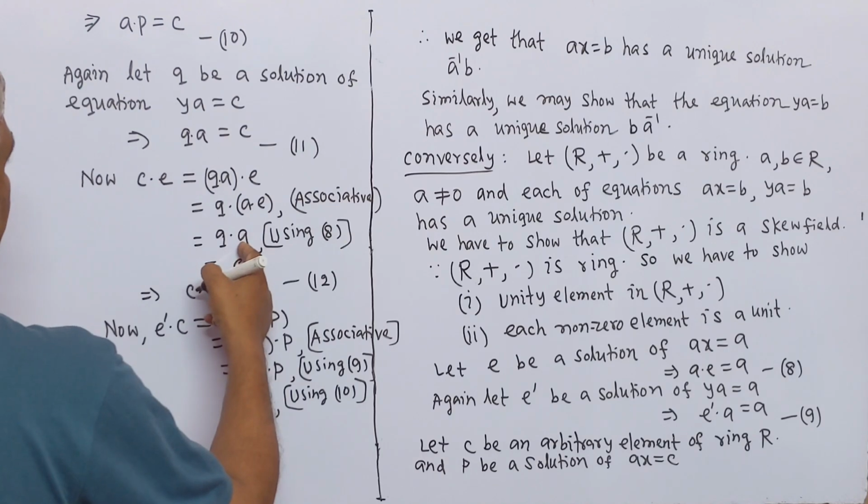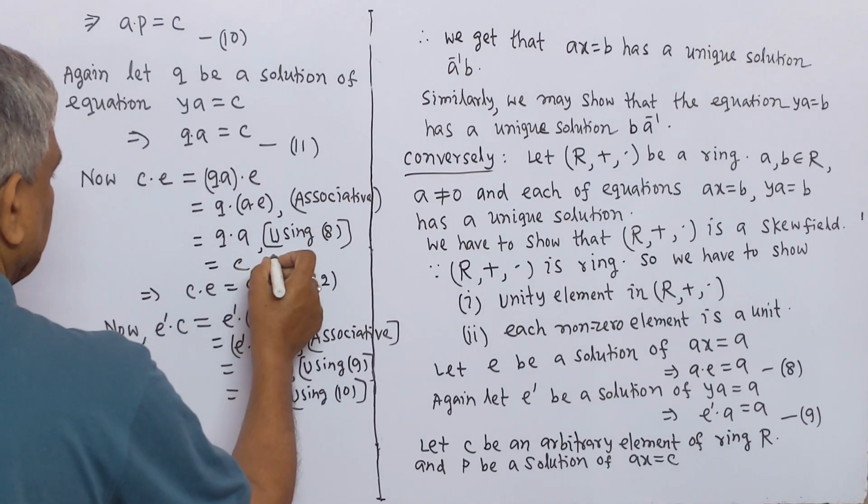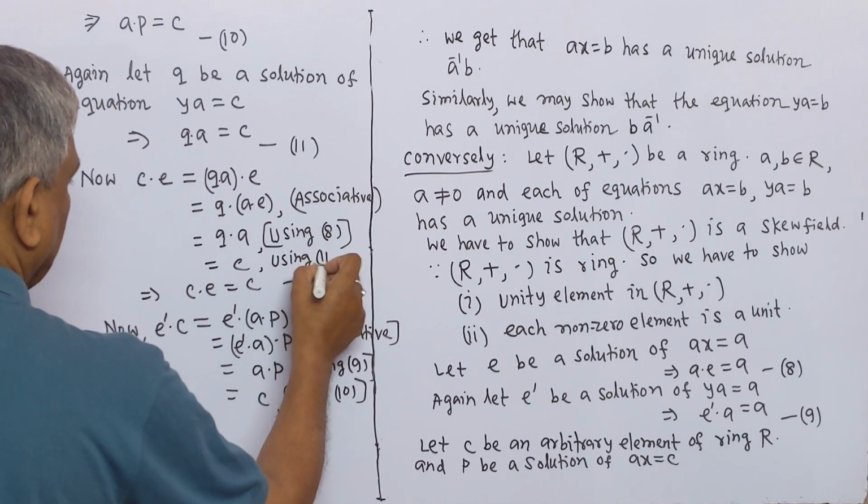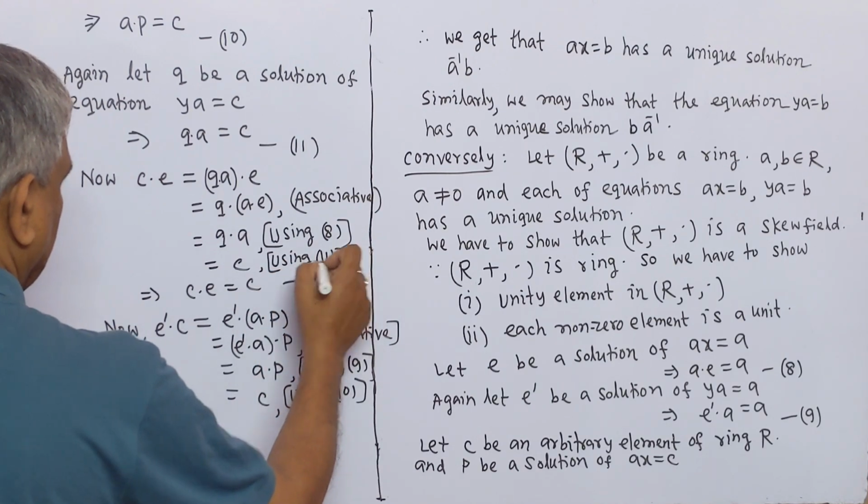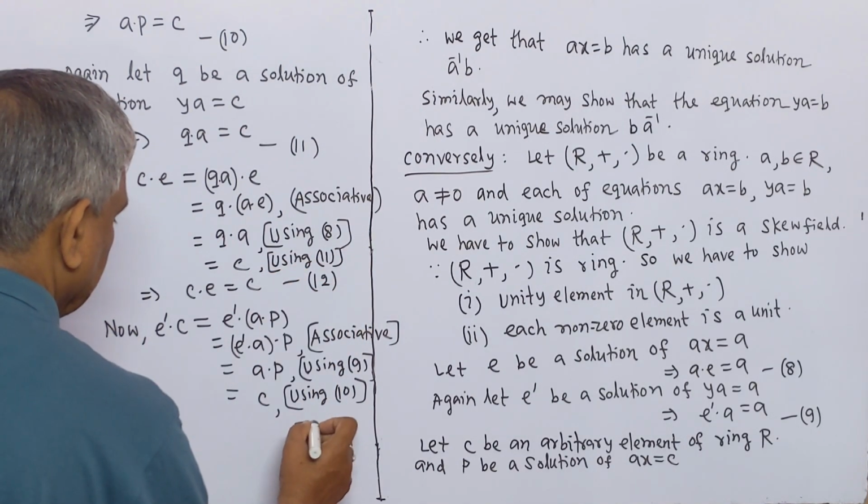Here Q multiply A equal to C, this is using 11. Let this is 13.